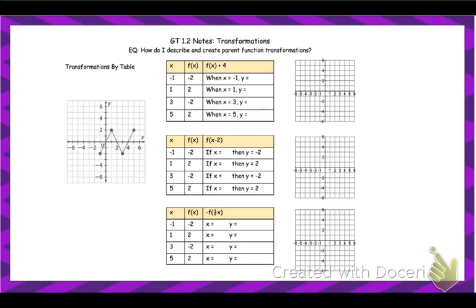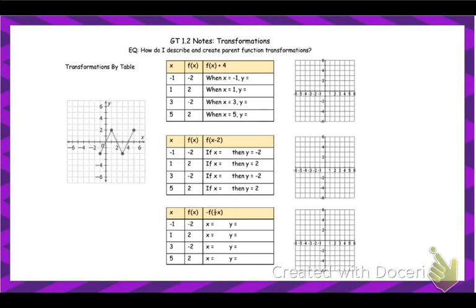What I have listed here are the points that are on this given graph. The first transformation is f of x plus 4. If you've already done the Desmos, you'll know what that does, but let's see algebraically what that means. f of x means y. So when x equals negative 1, if I do f of x plus 4, I take the y coordinate and add 4.